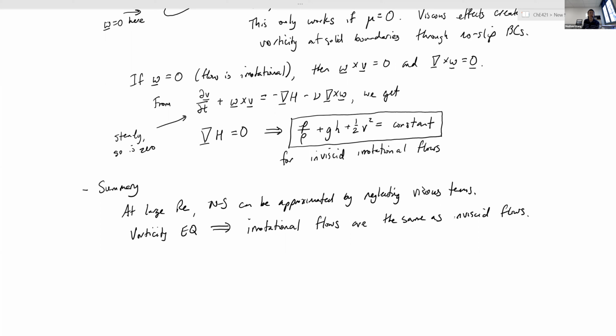Okay. And so what that means then is that if we're trying to find inviscid flow solutions, then we should look for irrotational flows, basically, right?